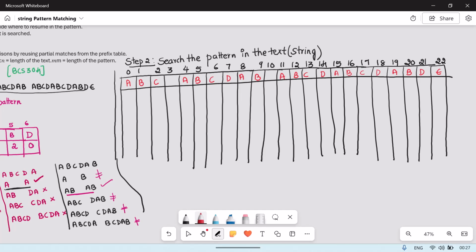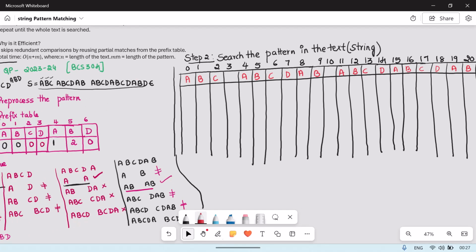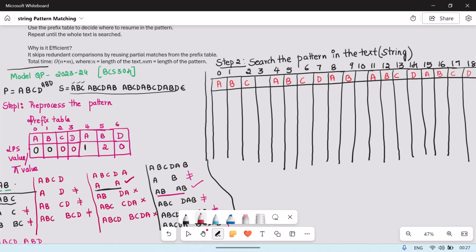Now let us try to do the matching. What you do is you take this pattern and place it in the first place here. So A, B, C, D, A, B, D. Now, one by one, you start checking the pattern whether it is matching or not.